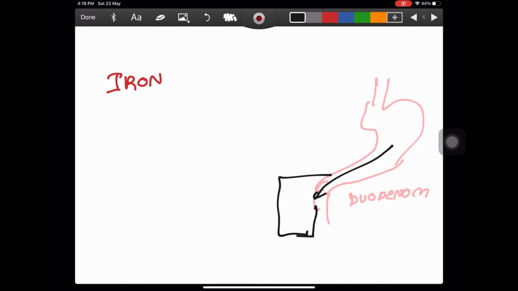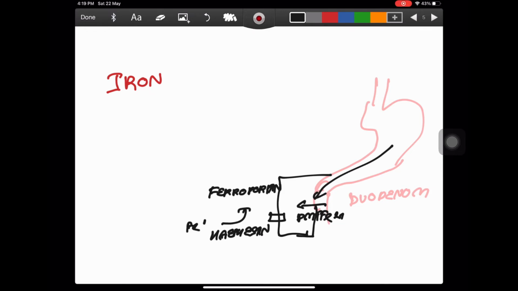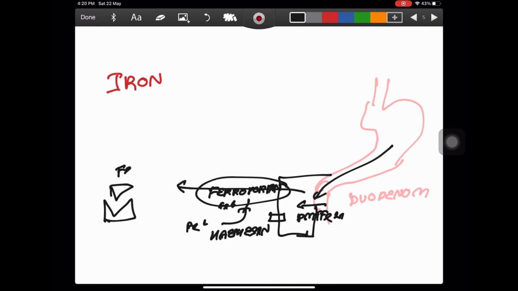Fe3+ is converted to Fe2+, and it enters the intestinal cell, and there is a DMT transporter here for this Fe2+, and there is a hephaestin here and the ferroportin here. This hephaestin converts the Fe2+ into Fe3+, and this Fe3+ attaches to ferroportin and comes out, and then here it is attached to transferrin.